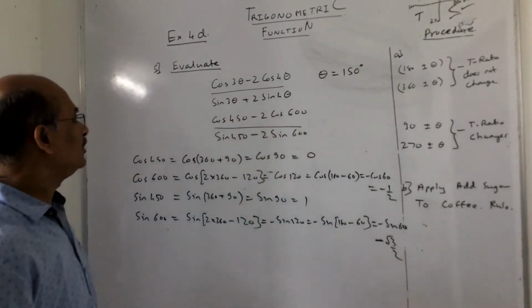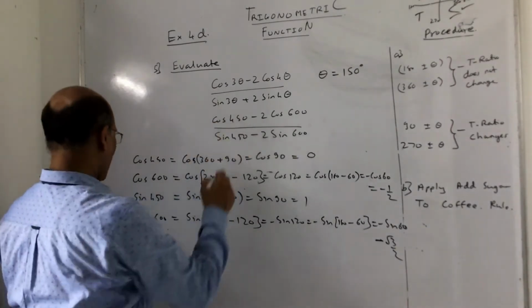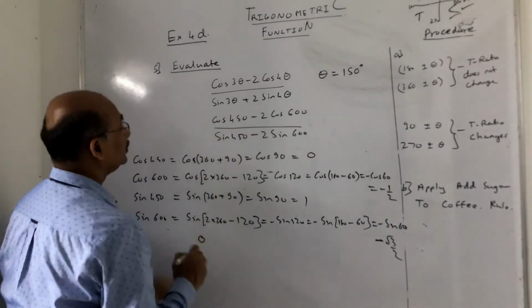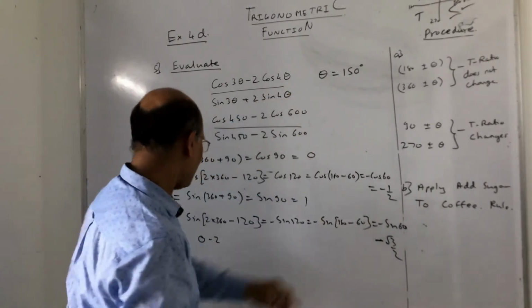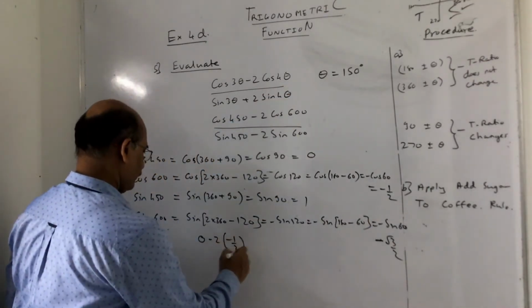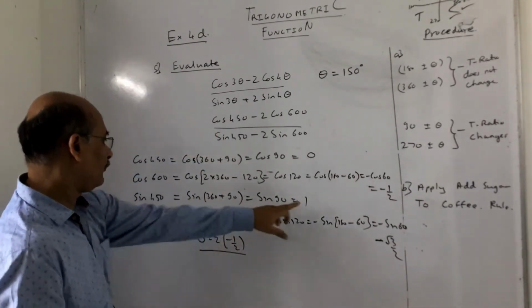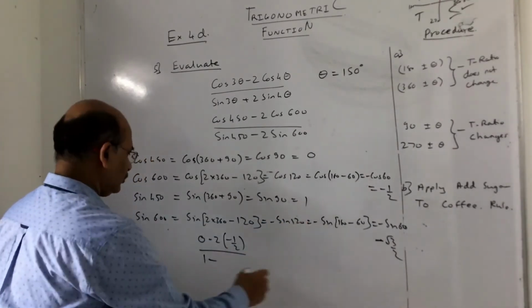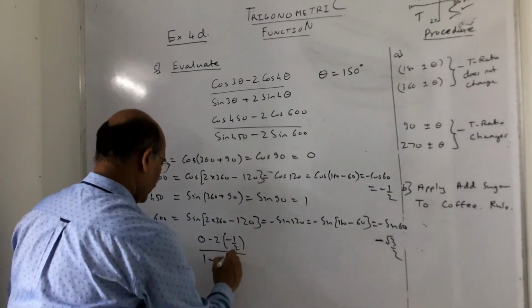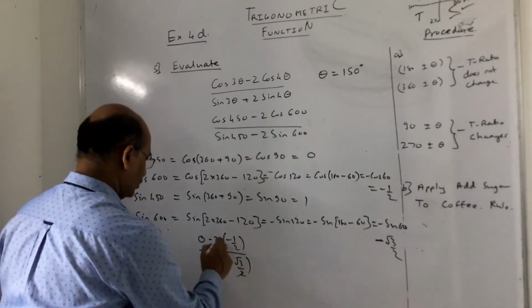Now once you have the values, just place them across. Cos 450 is 0. Minus 2 into cos 600, which is minus half, upon sine 450, which I got as 1, minus of minus root 3 by 2, because 2 into minus root 3 upon 2, the 2 gets cancelled.